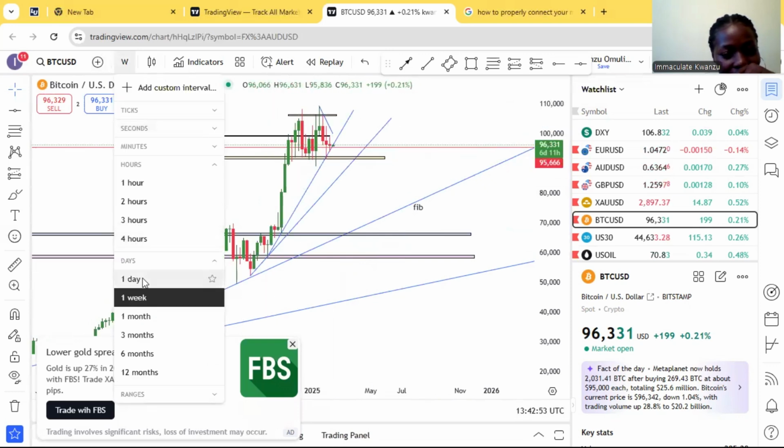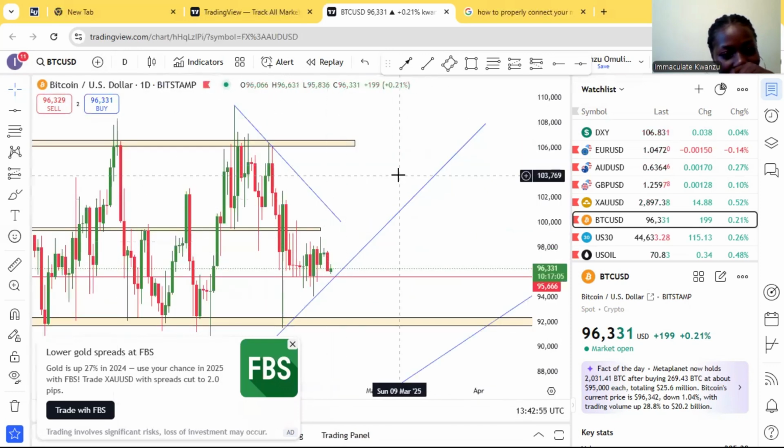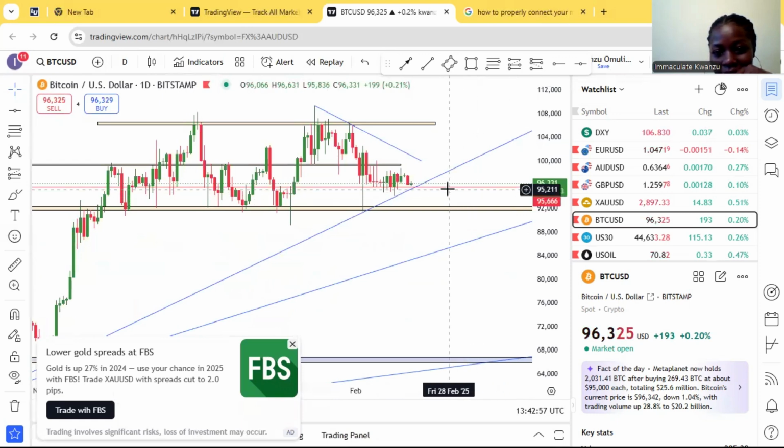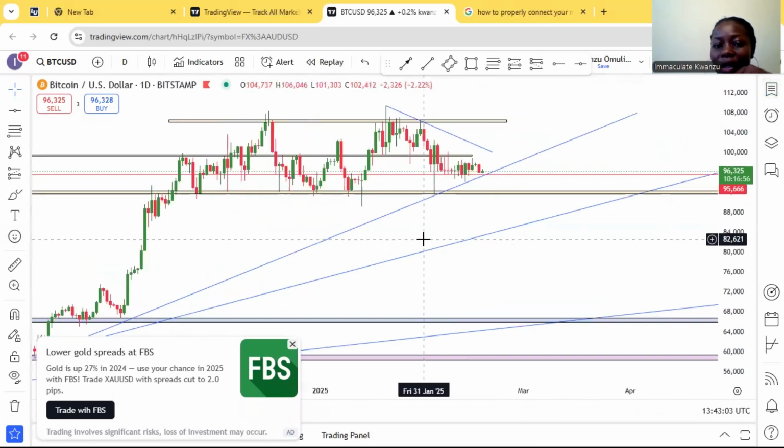So on the daily, this particular black line, again, guys, black lines are really important just as much as key levels are. Always draw your black line. Black lines are like key levels in your day.